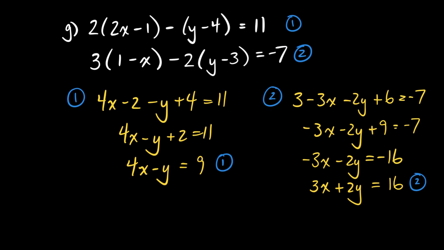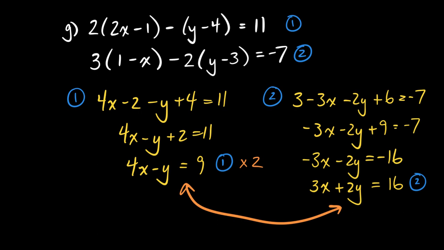Okay, I want you to focus in on those two versions of equation 1 and 2, because those are going to be the versions that you're going to use elimination on. And I'm not going to go through and solve this system using elimination. I hope we could see probably the best action for us would be to take equation 1 and multiply it by 2, because then you could add together your two equations and eliminate your y's.